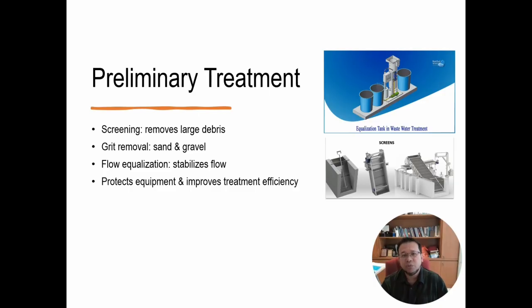Next is grit removal, where the flow is slowed down to allow heavy inorganic materials like sand, gravel, and eggshells, collectively called grit, to settle out. Finally, sometimes flow equalization is used to stabilize the fluctuating flow rates of incoming sewage.